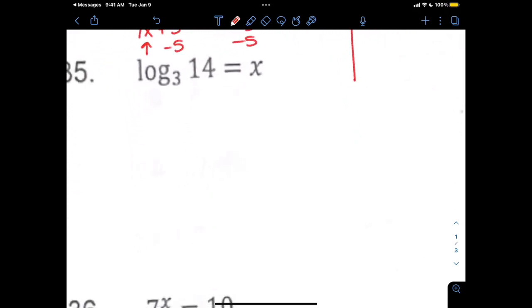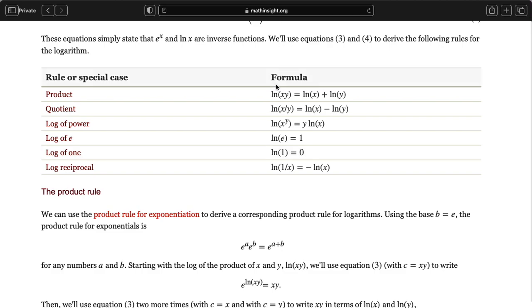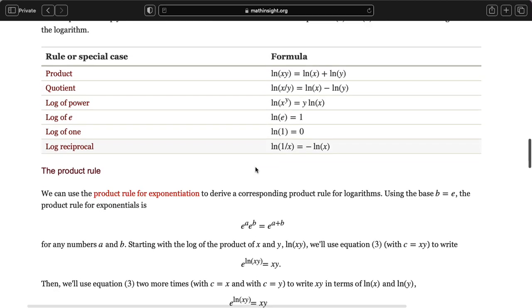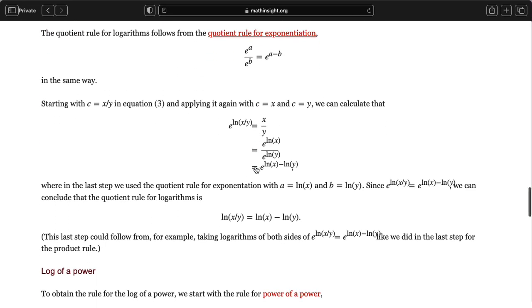So here it is a log base 3. What does this mean? That means 3 to the power of something is equal to, 3 to the power of whatever's on this side is equal to 14. Now, there is also a rule. Let's see.